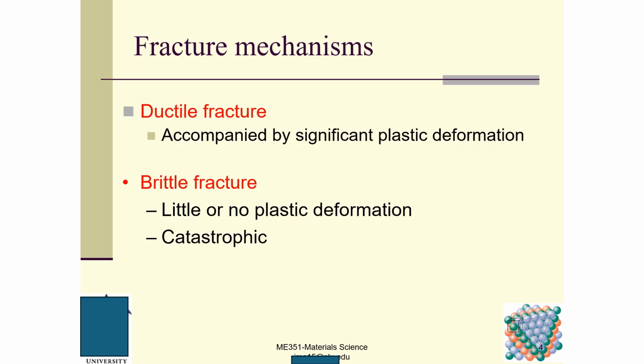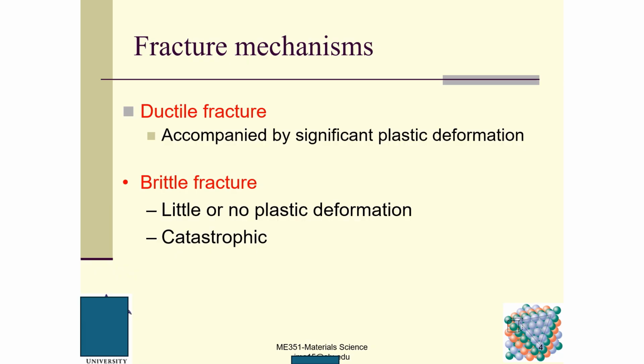As the name suggests, brittle fracture happens for brittle material. Brittle material means that under very high loading conditions, the specimen does not experience any or very little plastic deformation, and then immediately breaks. So brittle fracture is catastrophic.